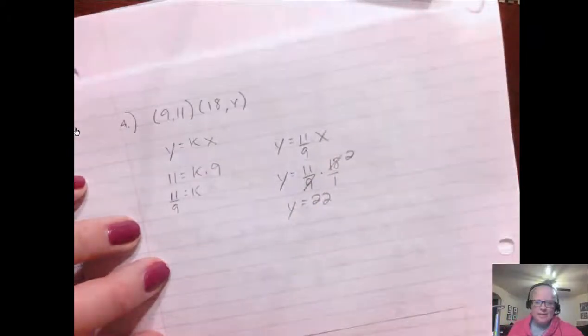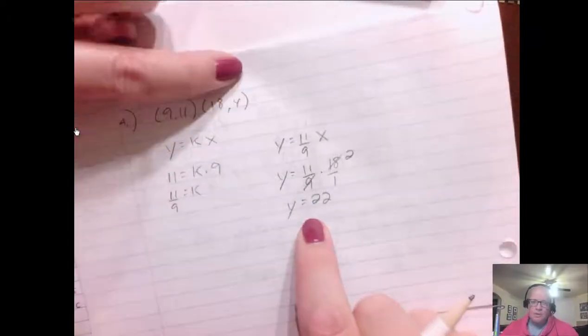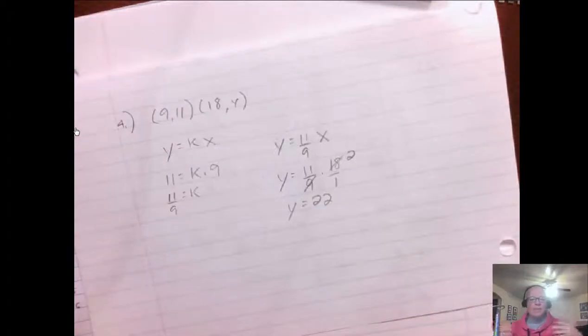So I found the same answer, y is 22, by looking at the pattern. 9 times 2 is 18, so 11 times 2 has to be 22, because we know they're directly related. Okay, works the same if it was inversely related, but that's the other little bit tricky way you might see a problem.